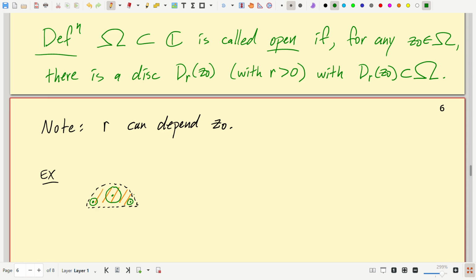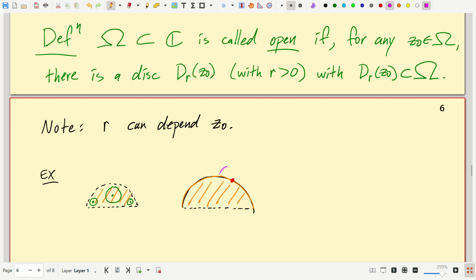And if you want to come up with a set that's not open, here's one. I could have this whole boundary in, and maybe this one out. So the set would be this boundary plus this stuff, but not that dotted stuff. And if you pick a point in there like this point right here, that's in the domain, so it's included, but I can't possibly put a disk in there.